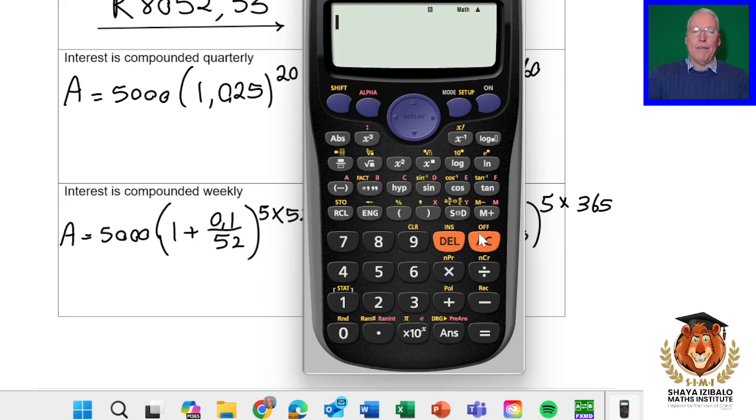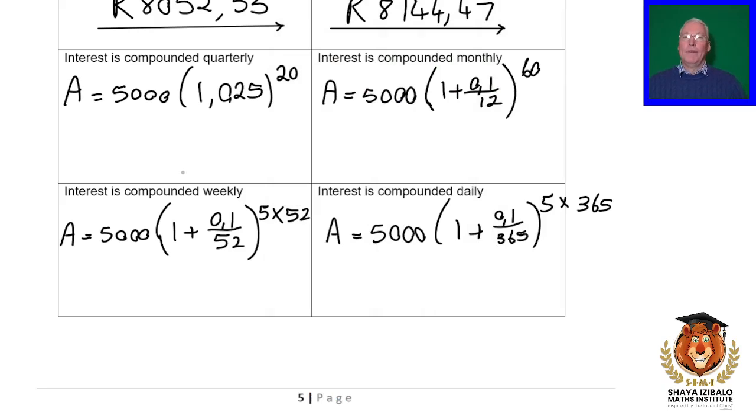So 5,000 times 1,025 to the power of 20 gives 8,193 and 8 cents.